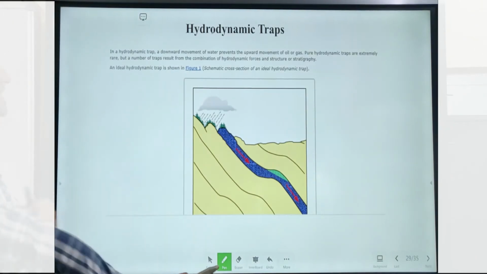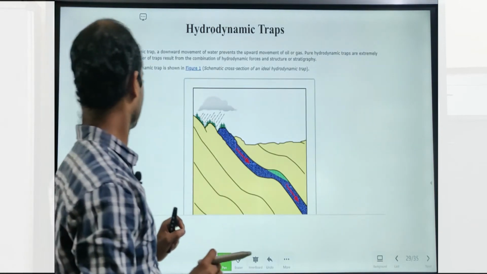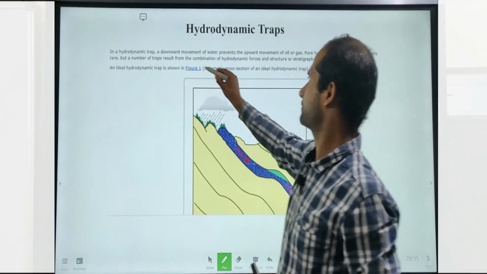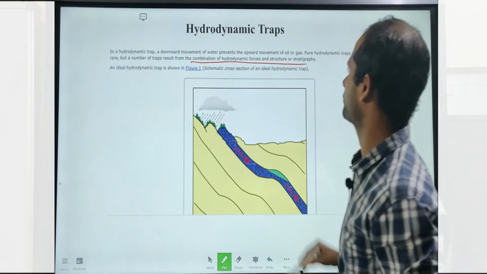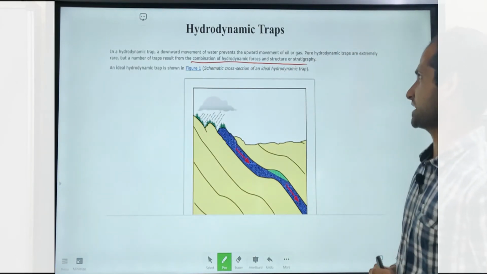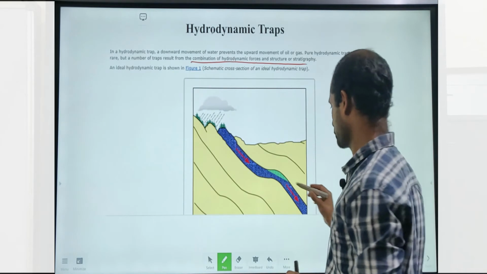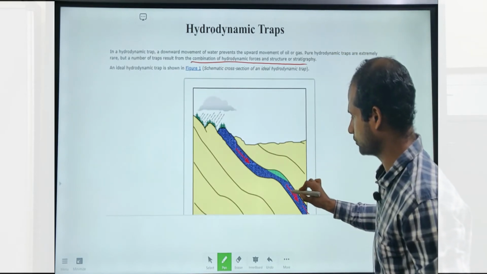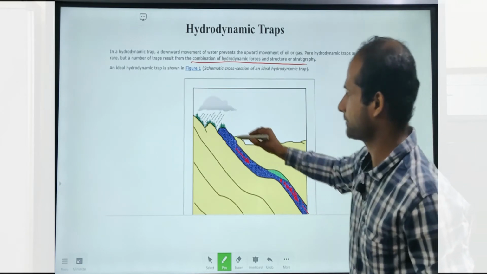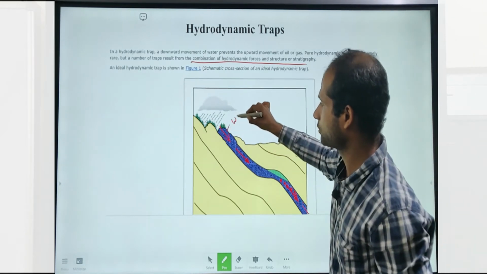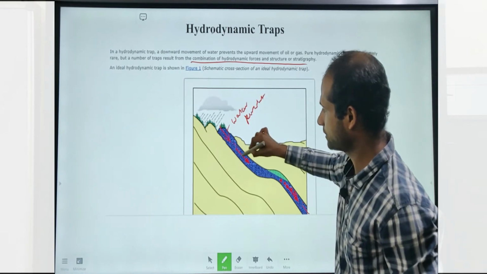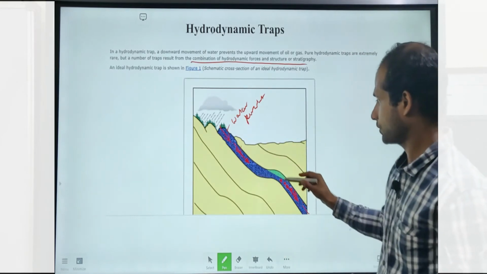Hydrodynamic trap is, in general, not very common, and it is a kind of combination of hydrodynamic forces on the structures and stratigraphy. So what happens usually, suppose this is the direction where the hydrocarbon will move, and from this direction the groundwater will percolate and go down.